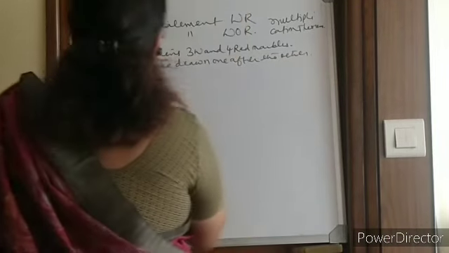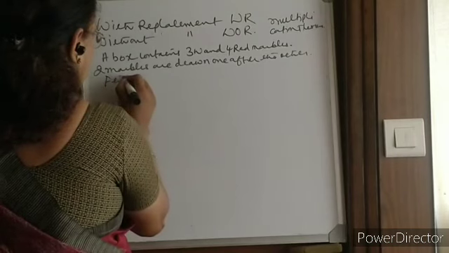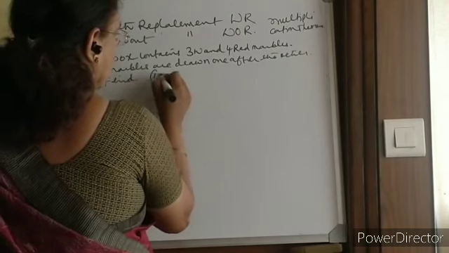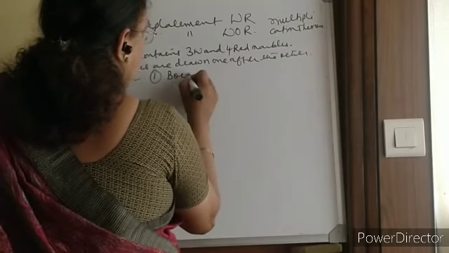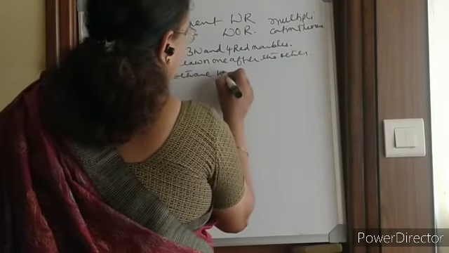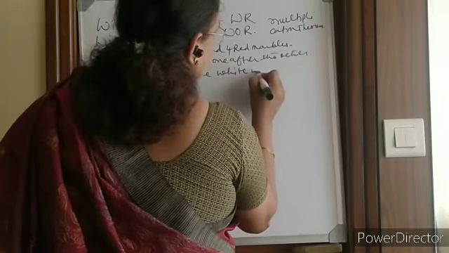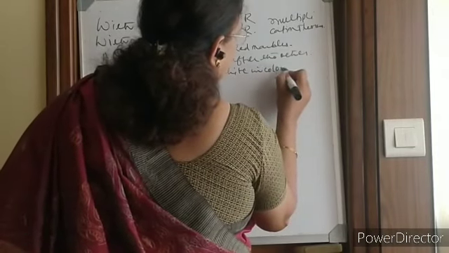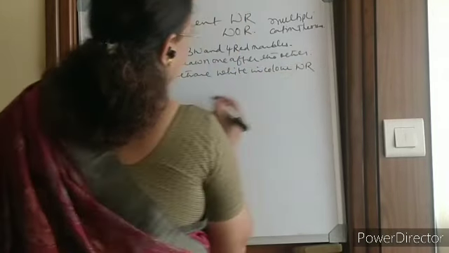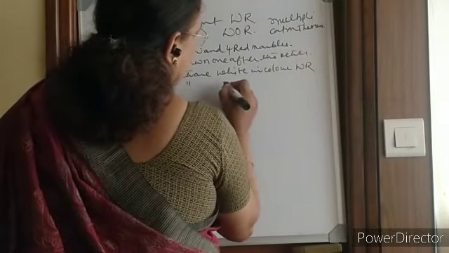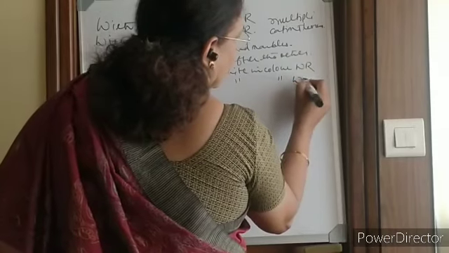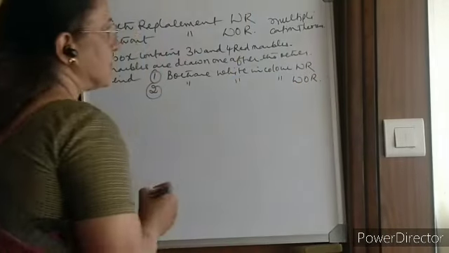Find the probability that both are white in color under with replacement. The second one, both are white in color under without replacement.